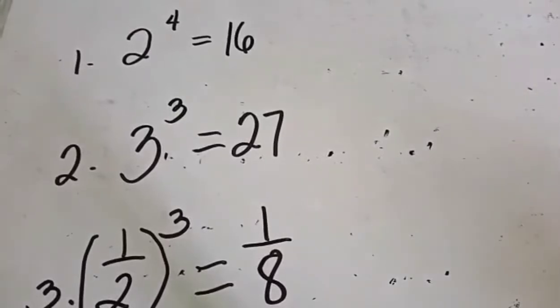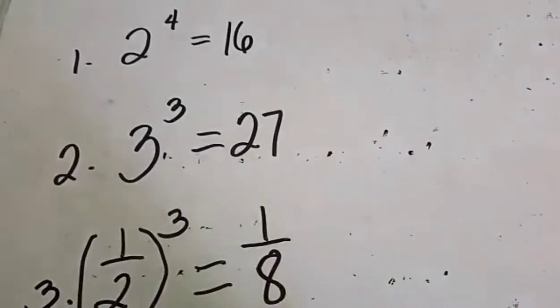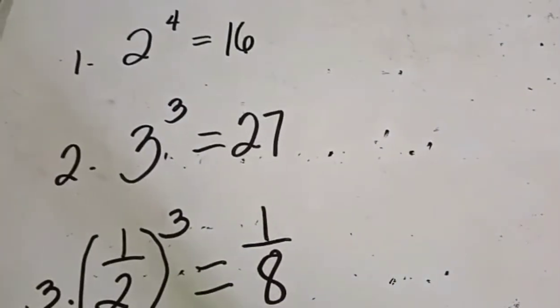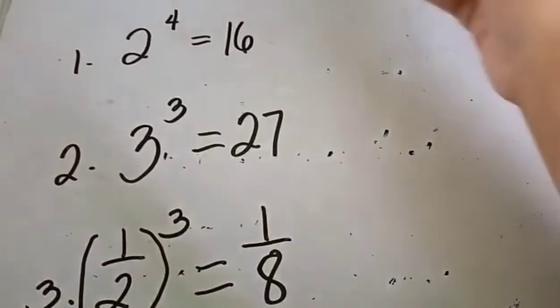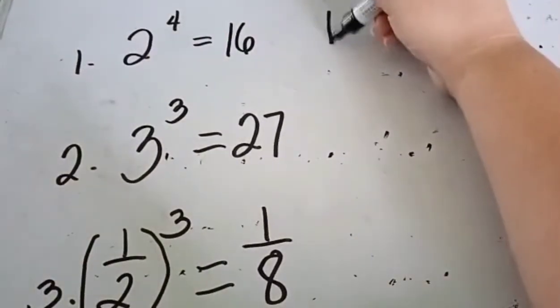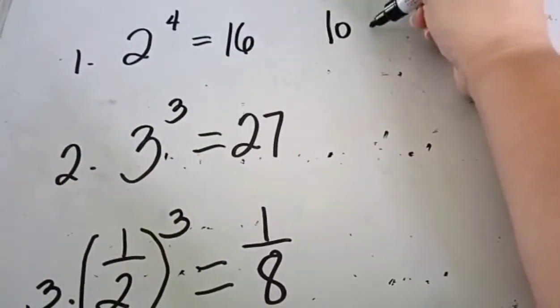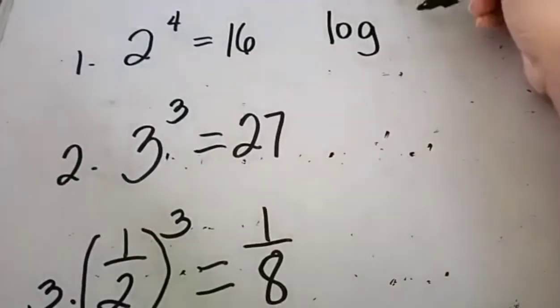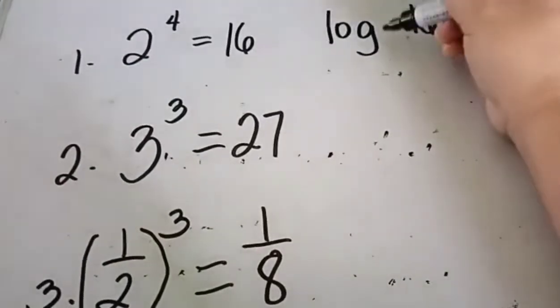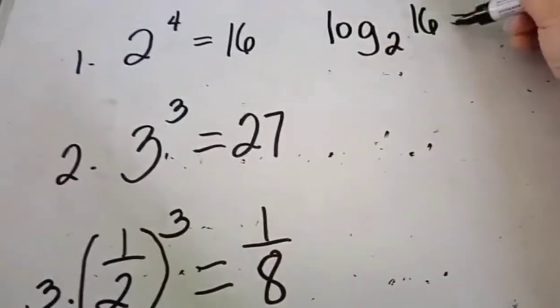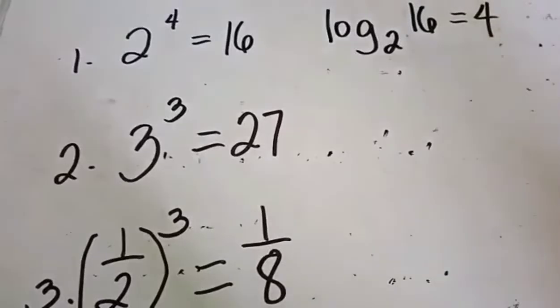If we rewrite this in logarithmic form, 2 to the power of 4 equals 16 is equivalent to the logarithm of 16 to the base 2 equals 4.